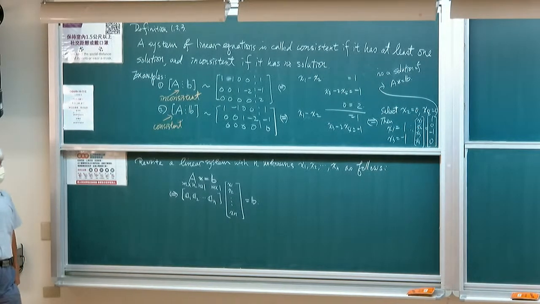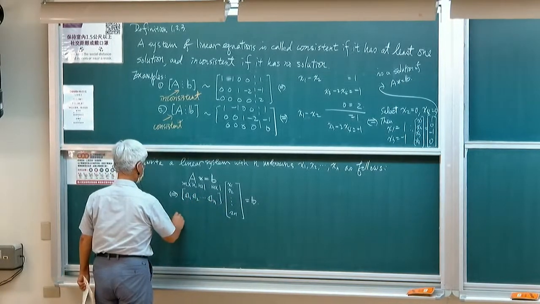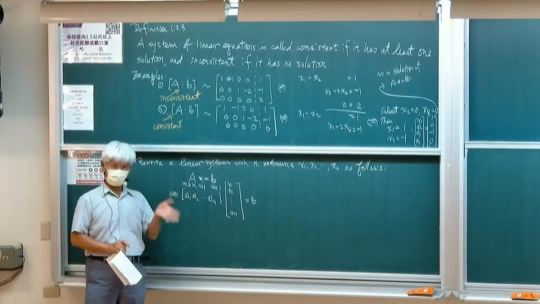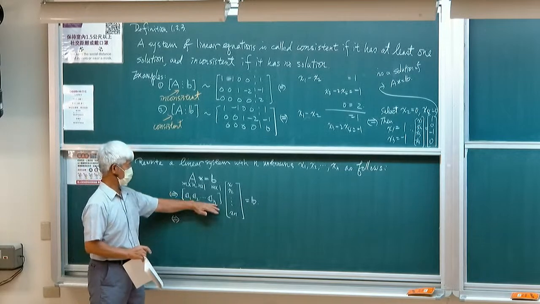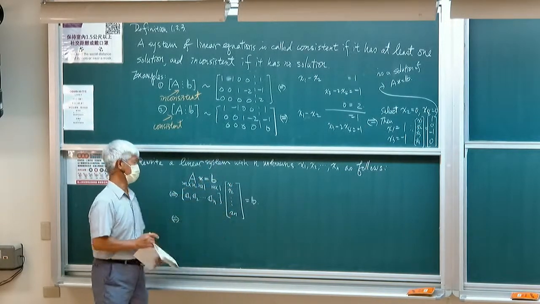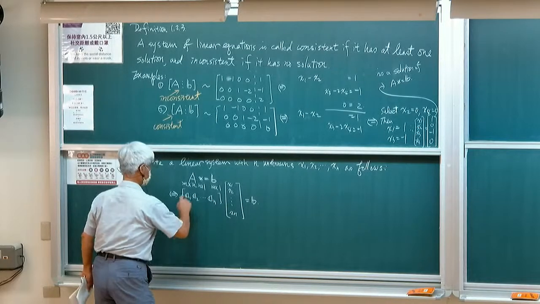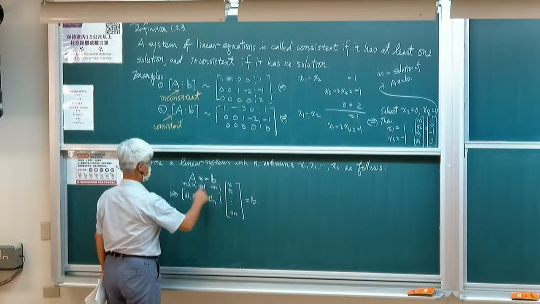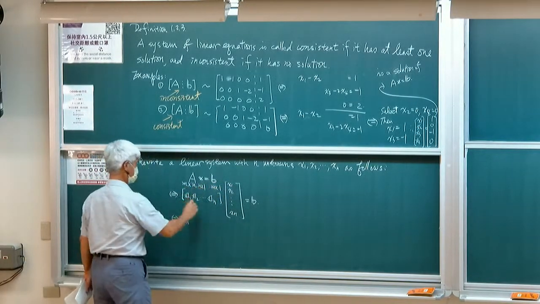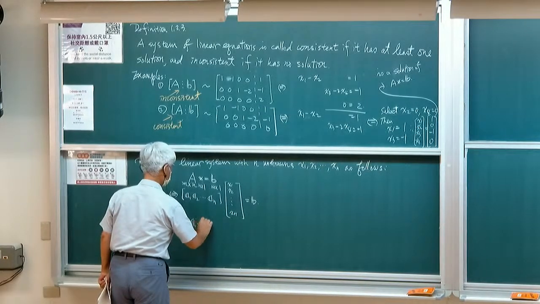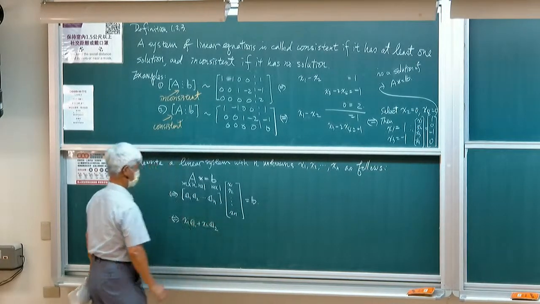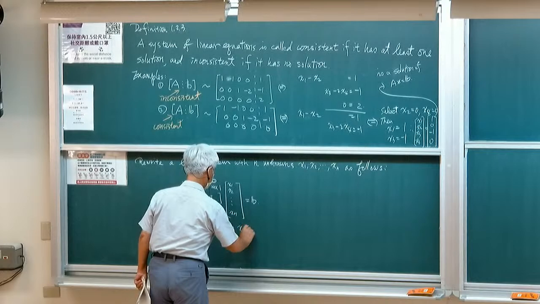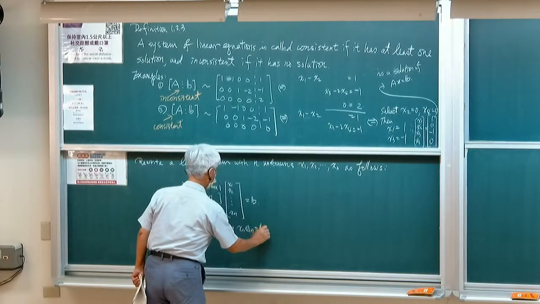Now it comes to a row multiplied with a column vector, so you can do the multiplication for corresponding components: x1 multiplied with a1 plus x2 multiplied with a2, etc., plus xn an, which is equal to b.